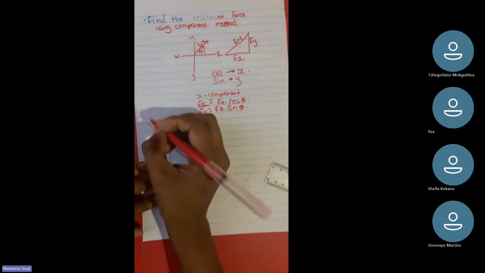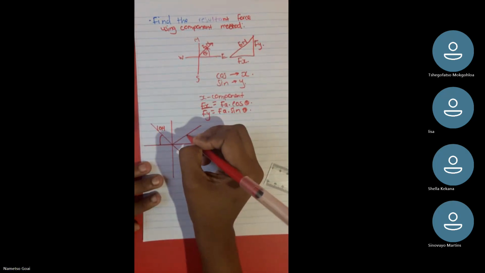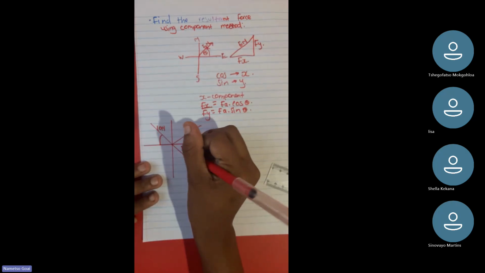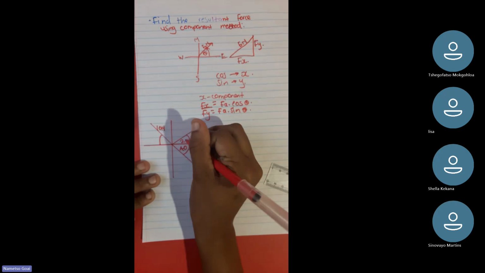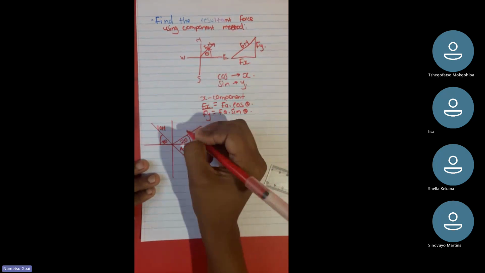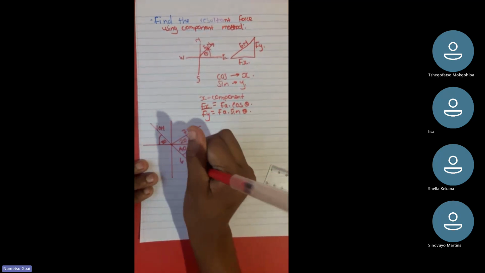We have 10 Newton this way, this way, and then this way. This is a 40, this is a 20, this is a 30. Then this is a 7 and this is a 6 Newton. So this is 7 Newton, 10 Newton, 6 Newton, right?